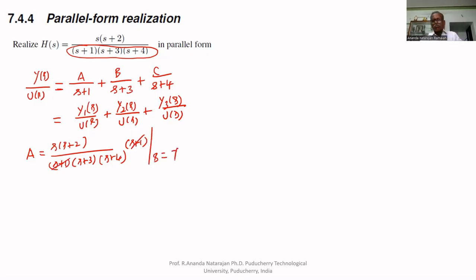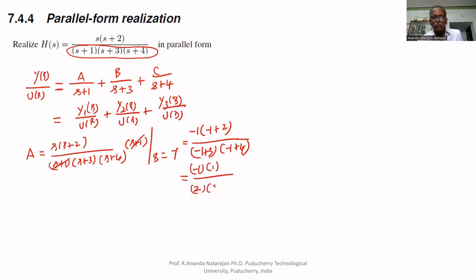If you substitute s equal to minus 1, A is minus 1 plus 2 upon minus 1 plus 3 and minus 1 plus 4. That is equal to minus 1 multiplied by 1 upon 2, 3. That is minus 1 by 6.